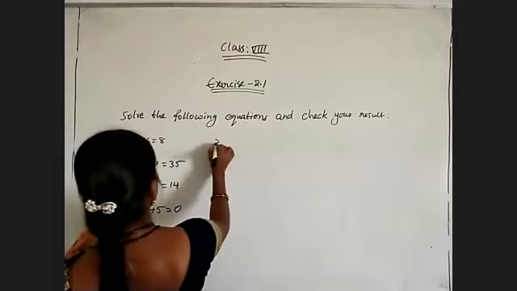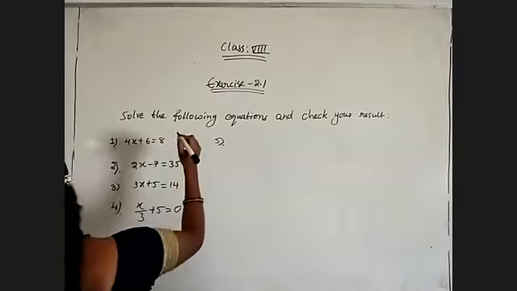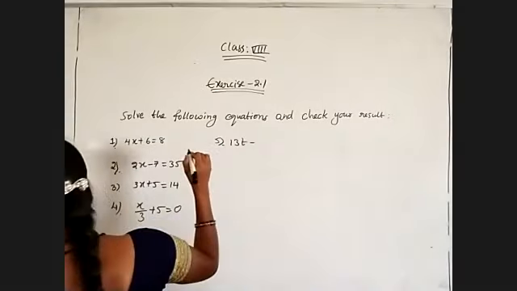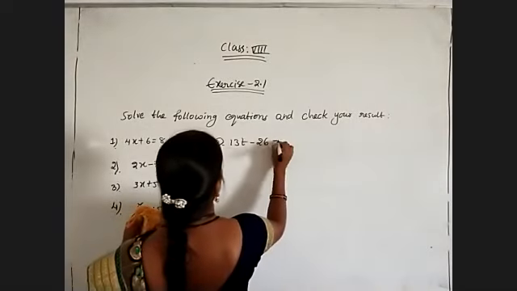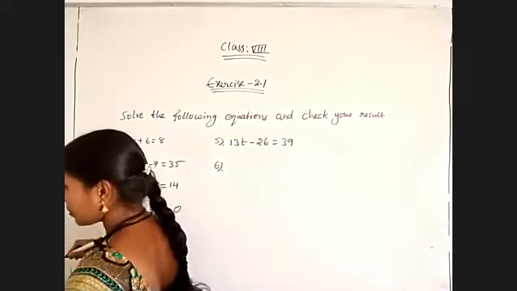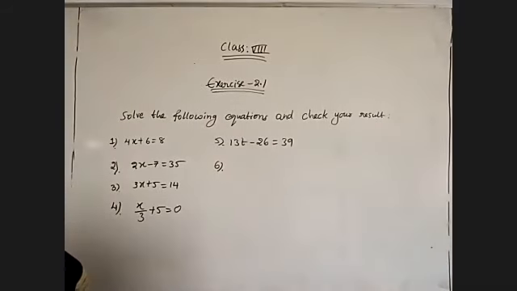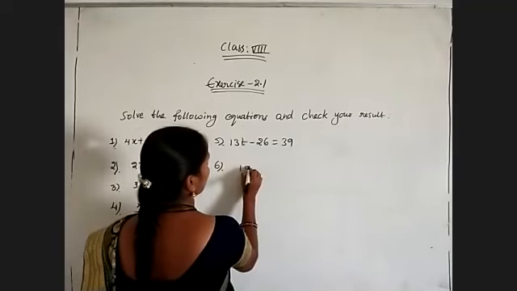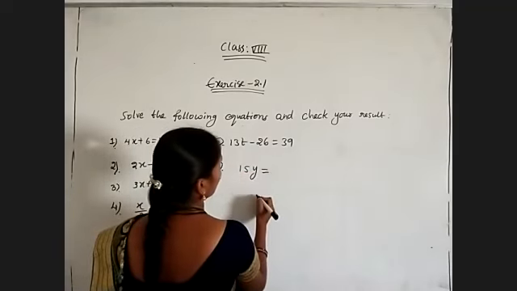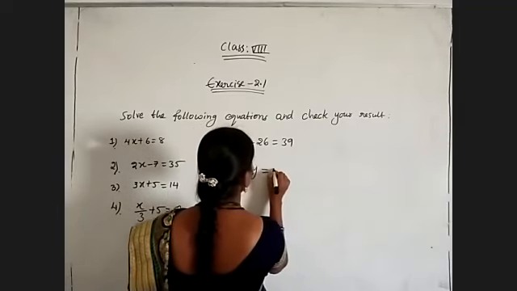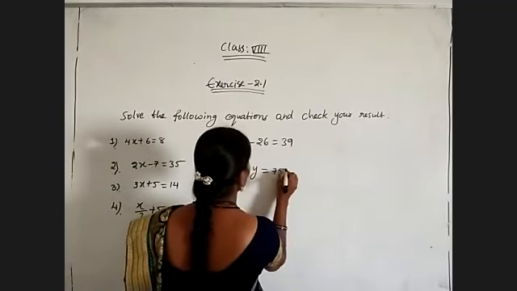And my fifth question is 13t minus 26 is equal to 39. And the sixth problem, 15y is equal to 75.